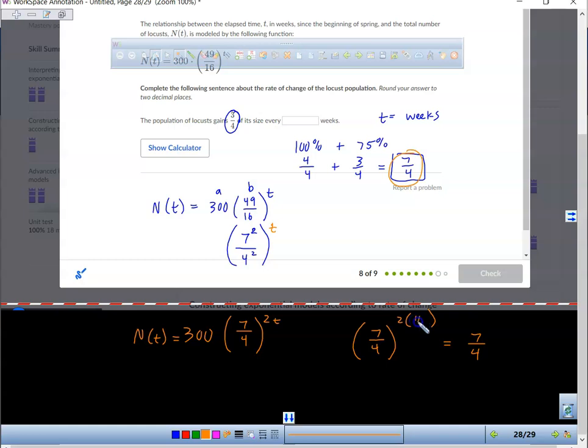I would have to plug in a half, because 2 times a half is to the power of 1. So I think it's only going to take me half of a week for it to gain 3/4 of its original size. So what am I going to type in? A half.